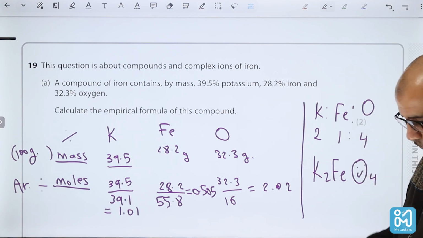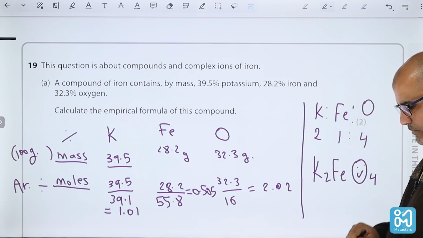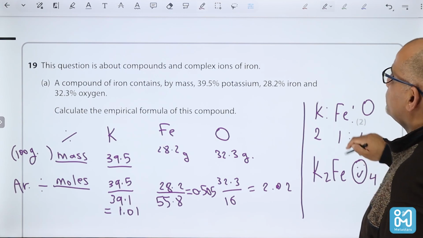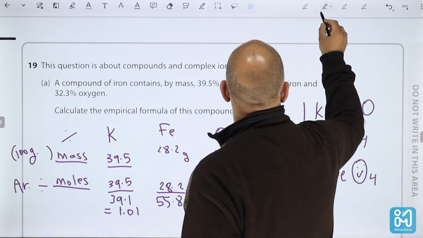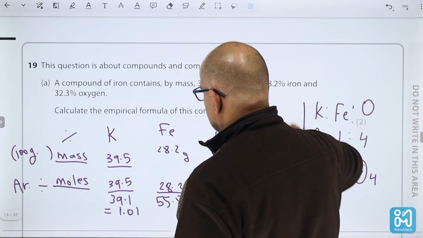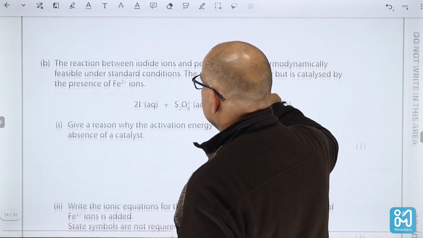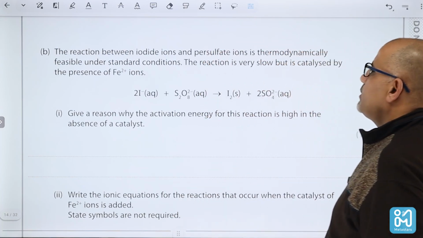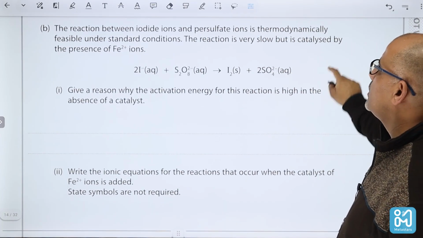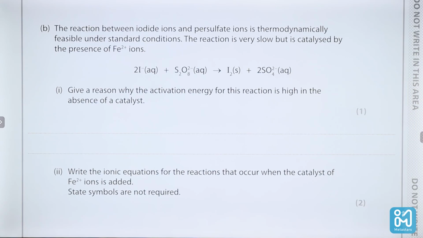That's the formula, right? Now, what's next is asking you: the reaction between iodide ion and persulfate ion is thermodynamically feasible under standard conditions, and the reaction is very slow, but it is catalyzed in the presence of iron positive 2.